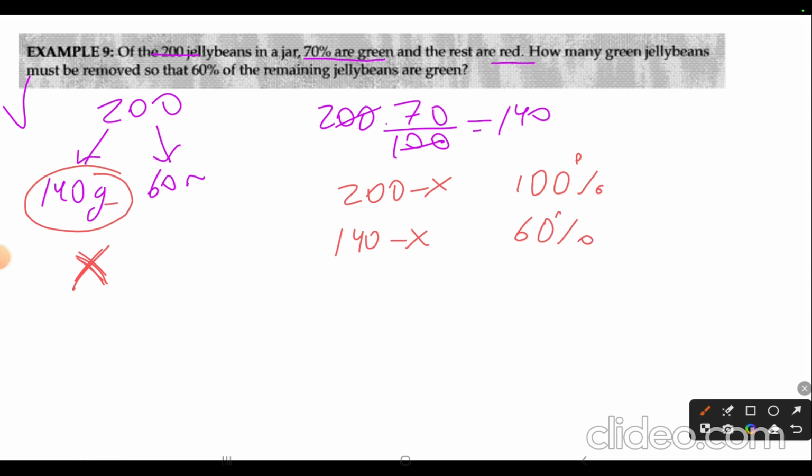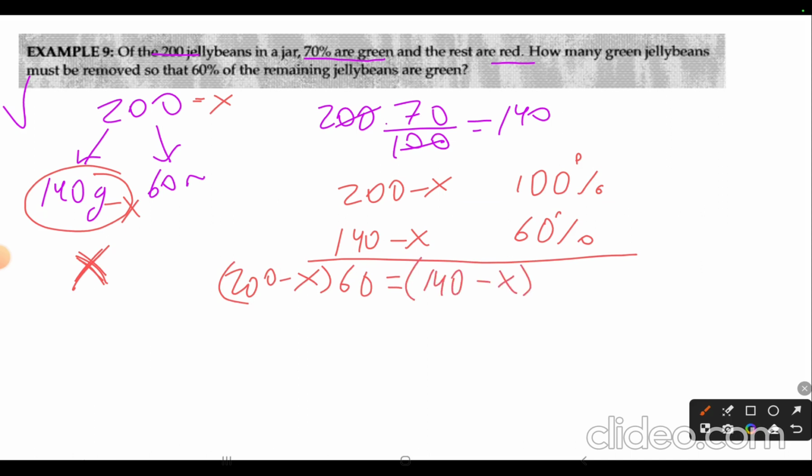So here we should subtract x, and here we also subtract x because we have less jelly beans. And this part should be 60% of what we have. We can do cross product. 200 minus x times 60 should be equal to 140 minus x times 100.